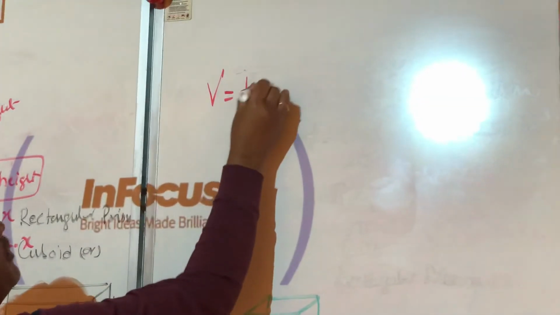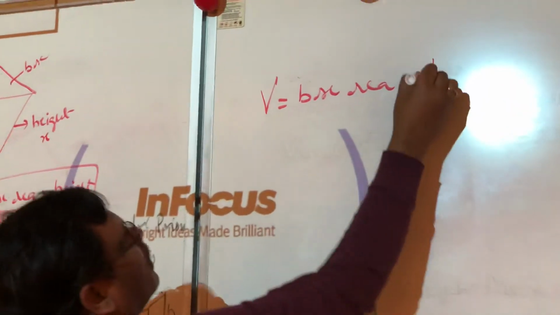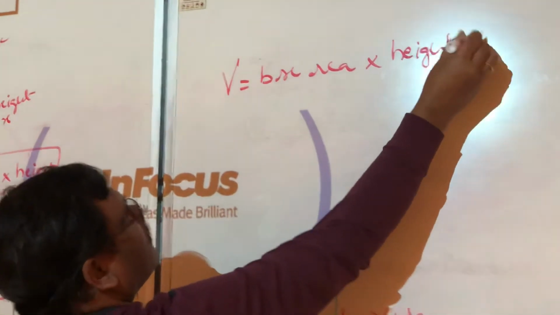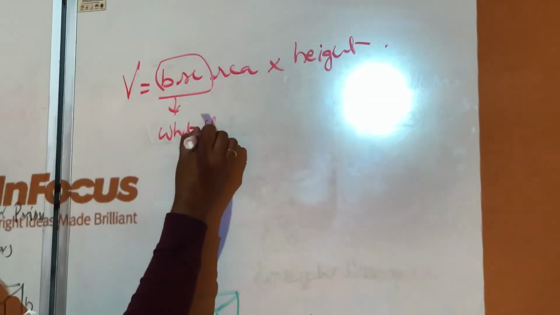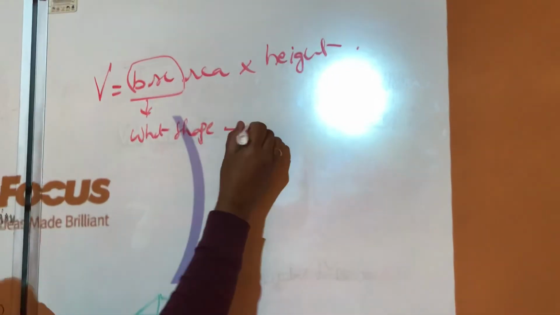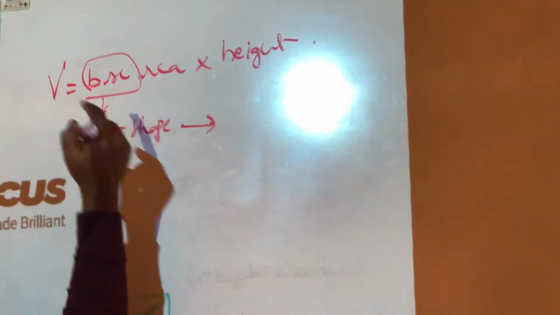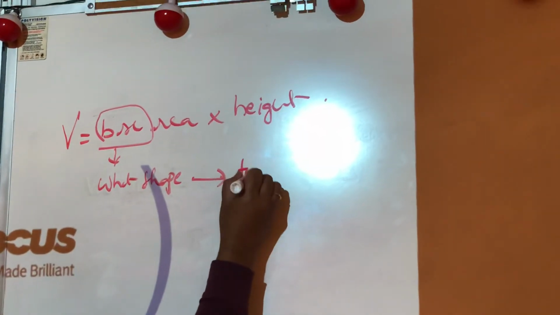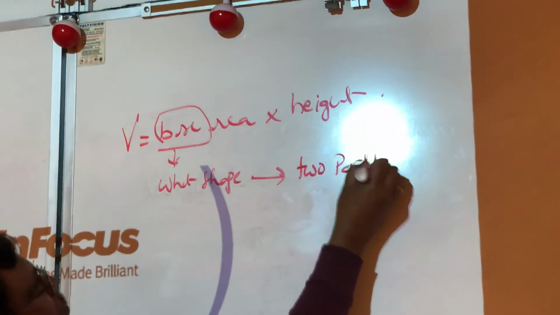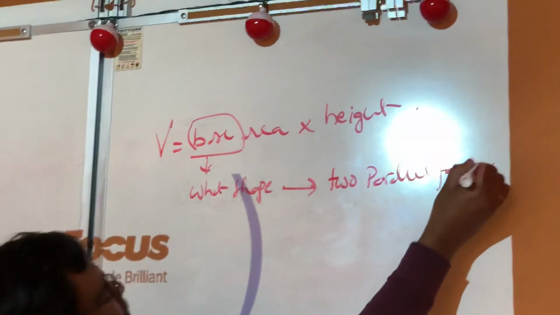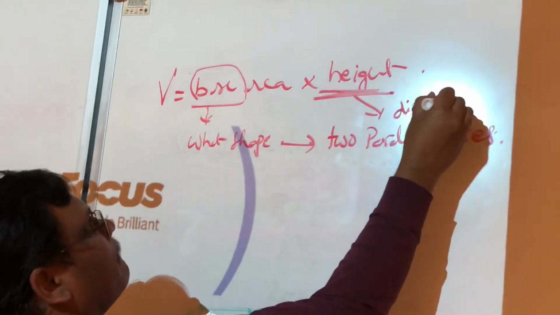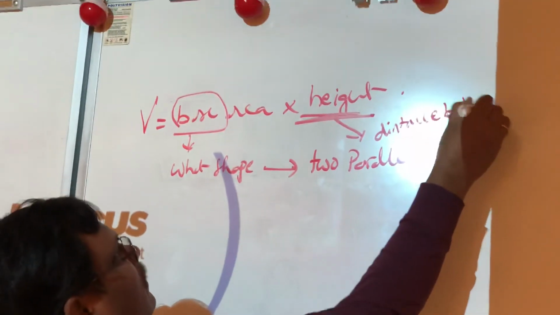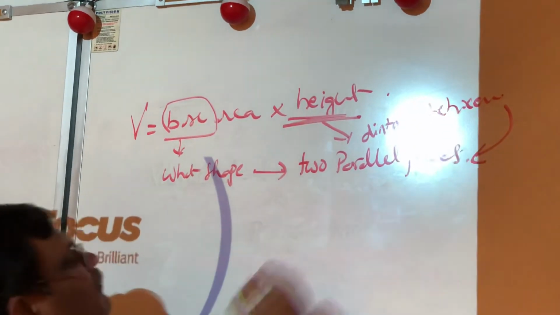Volume is basically base area multiplied with height. You decide what shape the base is. Remember, when you're deciding the base, it is two parallel faces. And when you decide the height, the height is the distance between two parallel faces.